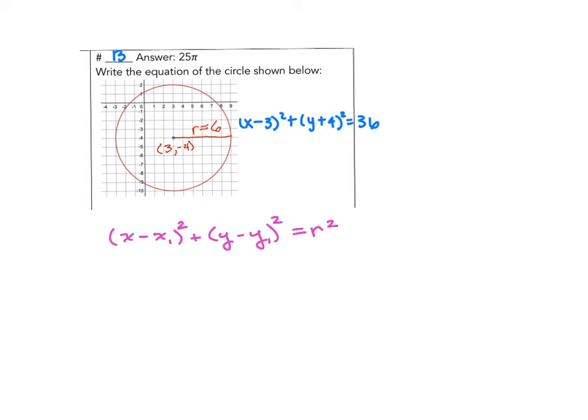We're given the center of the circle is at (3, -4). So we're going to say (x minus 3) squared plus (y plus 4) squared, because y minus -4, of course, is y plus 4. And then r squared, if we square 6, because you were given the radius, is 36. And so that's how we got that answer.